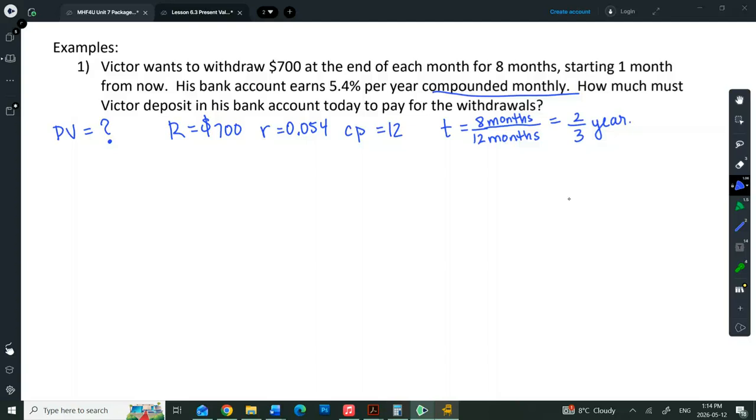All right, so let's calculate with the formula. Just as a reminder, this is what our formula is. Make sure you have your brackets in the correct spots.